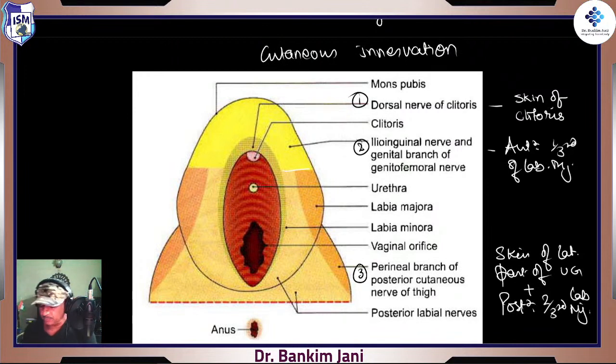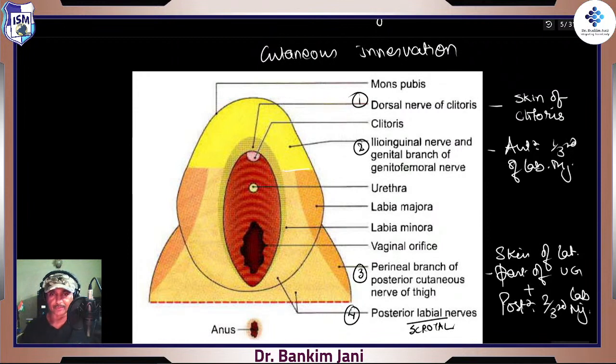Okay. So that is skin of lateral part. That is taken care of by perineal branch of posterior cutaneous nerve of thigh. Finally, the fourth one, posterior labial nerves. And in case of male, it was posterior scrotal nerves.